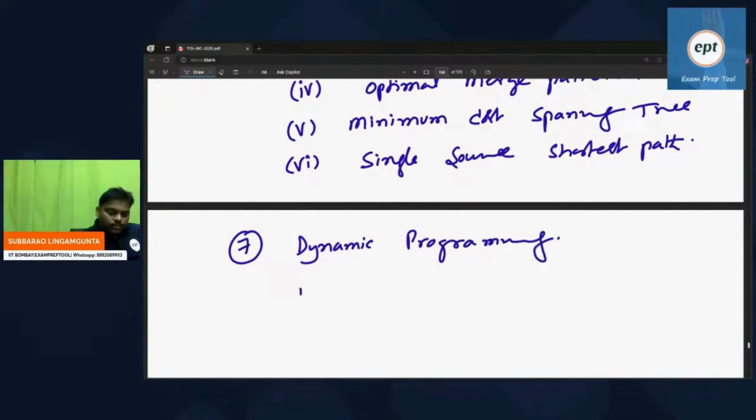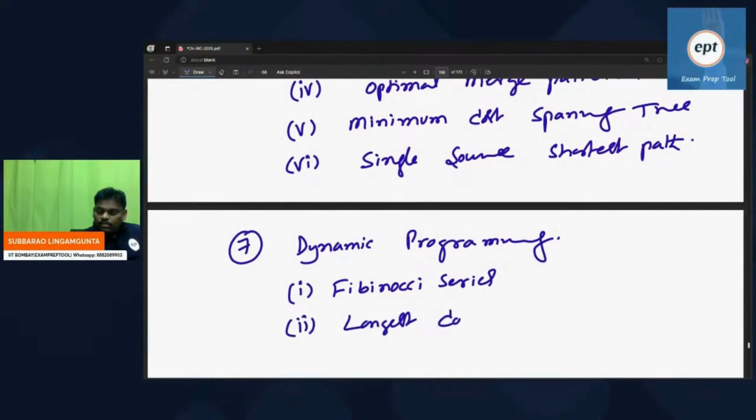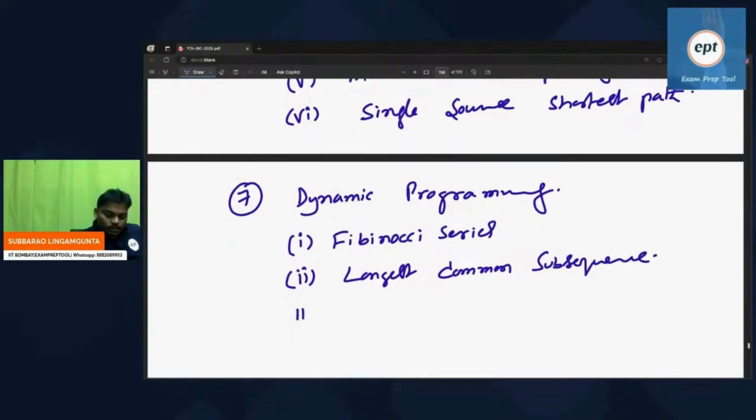In that, first one, Fibonacci series. Second one, longest common subsequence, which is also called LCS. Third one, matrix chain multiplication.